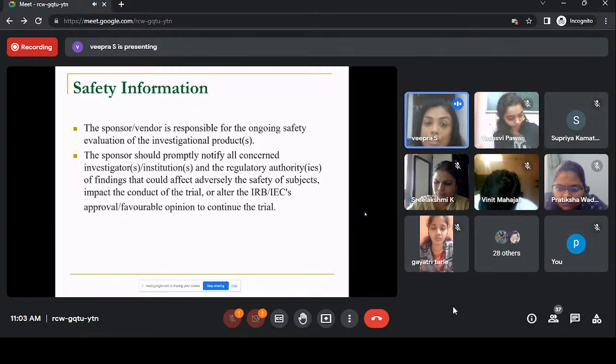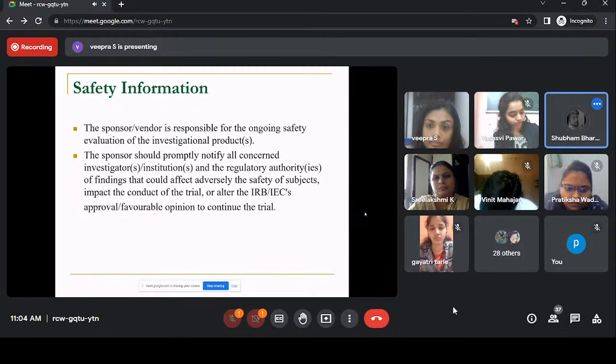To whom does the sponsor need to share this safety information? The regulatory authorities.